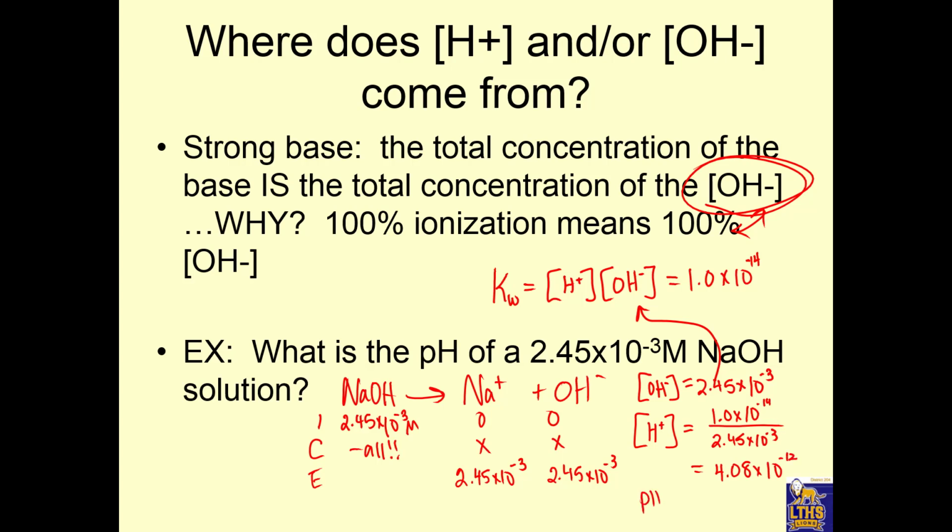So pH equals negative log of 4.08 times 10 to the negative 12, which is 11.39, which makes sense because this is a base, so its pH will be over 7, and it's a strong base, so it's making a lot of hydroxide, so there's its pH.